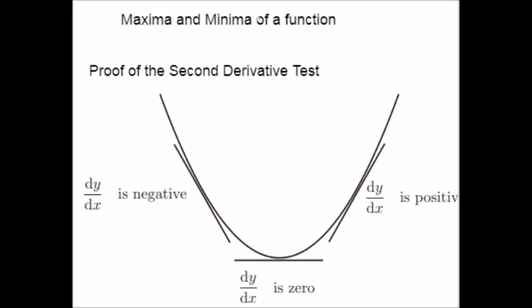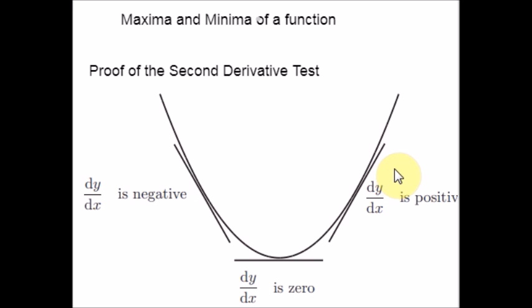One can see that the slope of the tangent drawn at any point on the curve, that is dy over dx, changes from a negative value to 0 and 0 to a positive value near the point of local minima. This means that the function represented by f of x, which is equal to dy over dx, behaves like an increasing function.